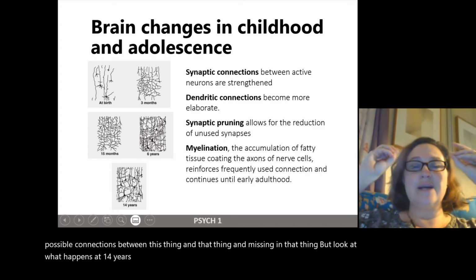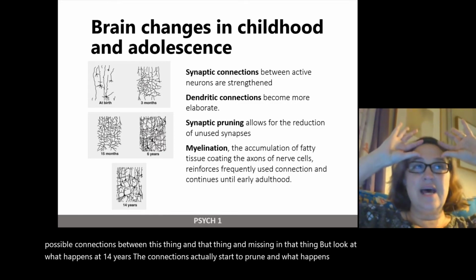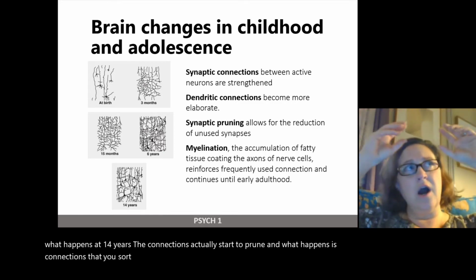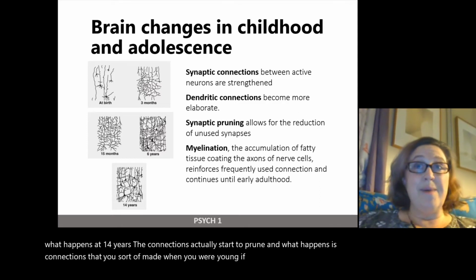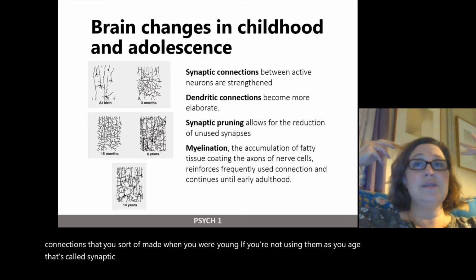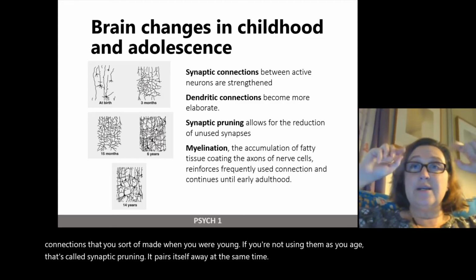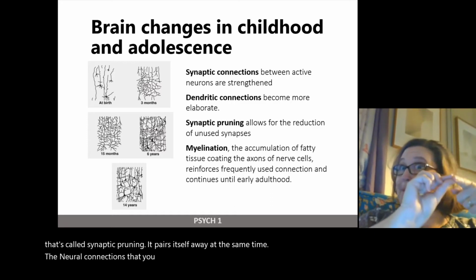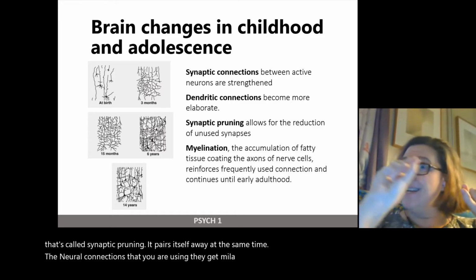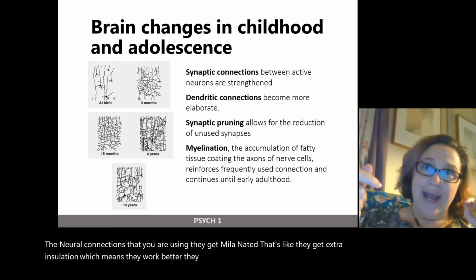The connections actually start to prune. What happens is that connections you made when you were young, if you're not using them as you age, that's called synaptic pruning. It wears itself away. At the same time, the neural connections that you are using get myelinated. That's like getting extra insulation, which means they work better, they work faster, they're more automatic.